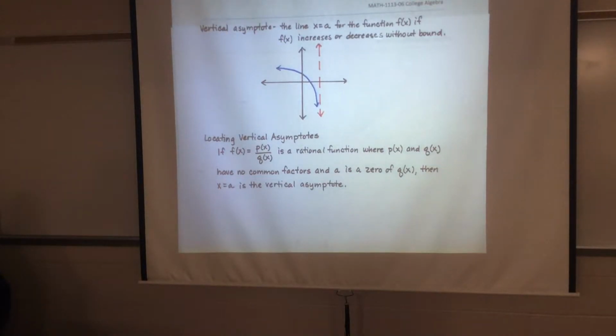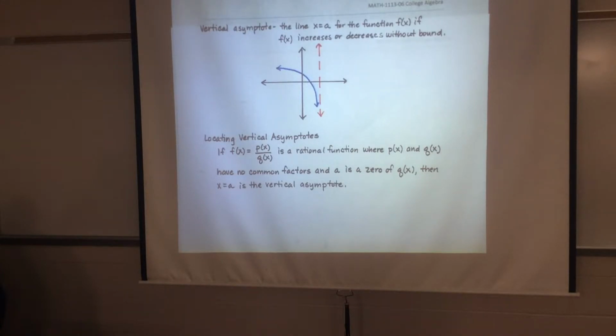Now I'm going to give you a minute or two to write all this down because this is kind of lengthy here. What that means is this: you'll take your denominator and set it equal to 0. Also, you want to make sure that p of x and q of x have no common factors. If there are common factors, you want to go ahead and divide out those common factors.